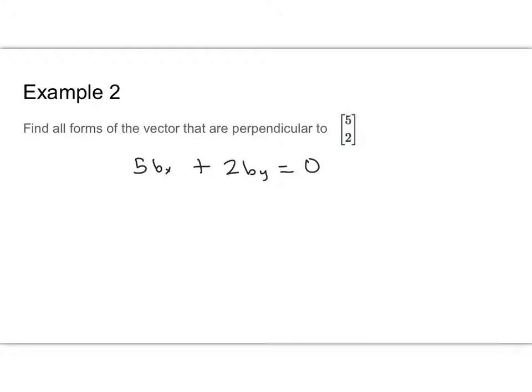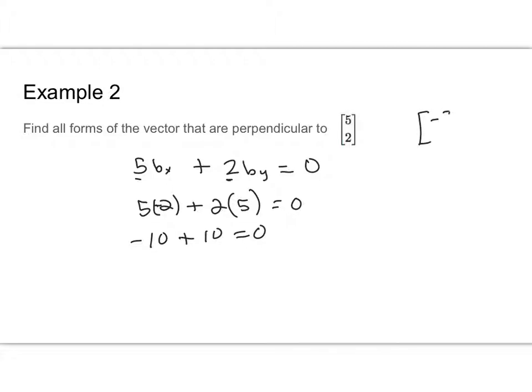If I just use these as common factors, then 5 times 2, or -2, plus 2 times 5 is going to give me -10 plus 10 equals 0. So my other vector would be -2 and 5.